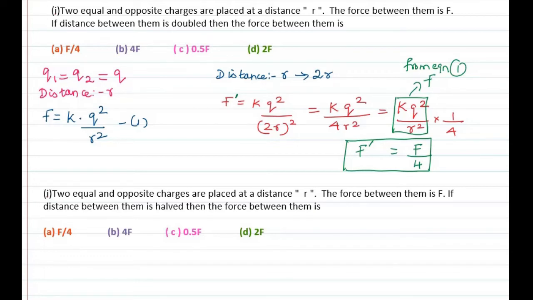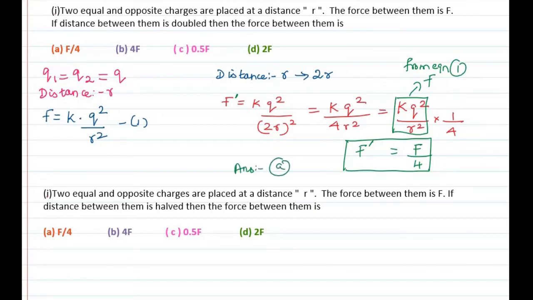Then substitute in Coulomb's formula, k into Q square divided by 2r the whole square. So 2r the whole square becomes 4r square. Rearrange it to k Q square divided by r square into 1 by 4. This k Q square divided by r square is nothing but your F. Therefore F dash is equal to F by 4. So the answer is option A.